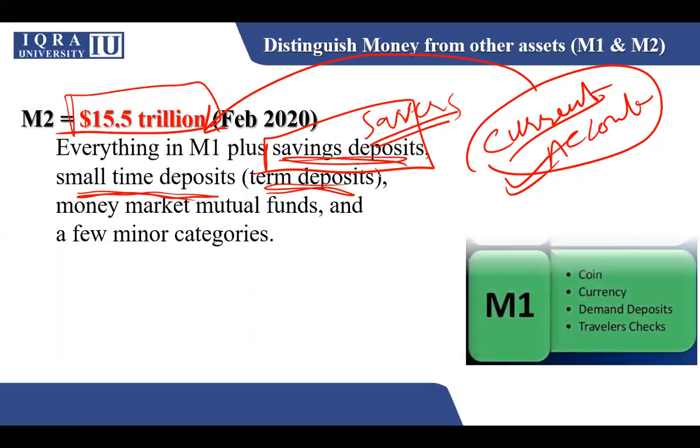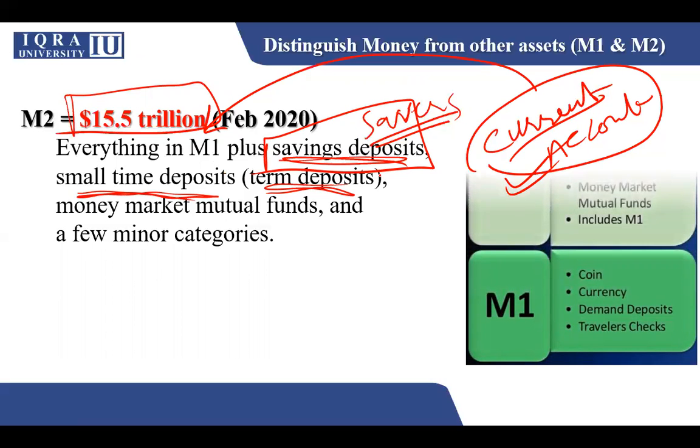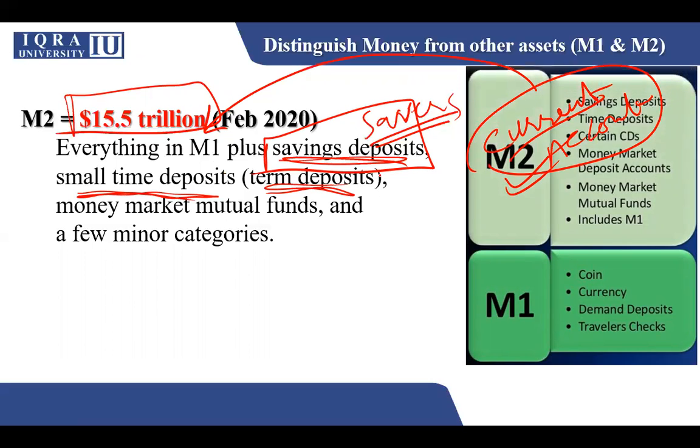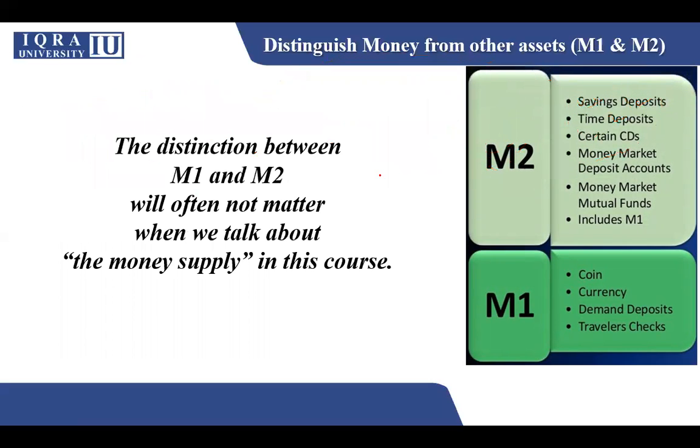But as we are in an introductory course, we don't have to go in depth on those topics. So the distinction between M1 and M2 will often not matter when we talk about money supply in this course, as we will only focus on money supply, not on M1 and M2. But you should know the terminologies.